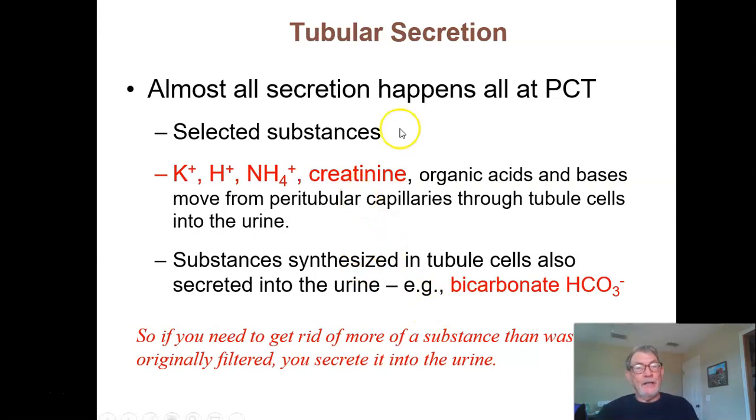But your kidneys have the ability to either retain or excrete hydrogen, get rid of hydrogen, pee it out. You also can retain or excrete, pee out bicarbonate. So if you get rid of hydrogen, you make your blood more alkaline. If you get rid of bicarbonate, you make your blood more acid.